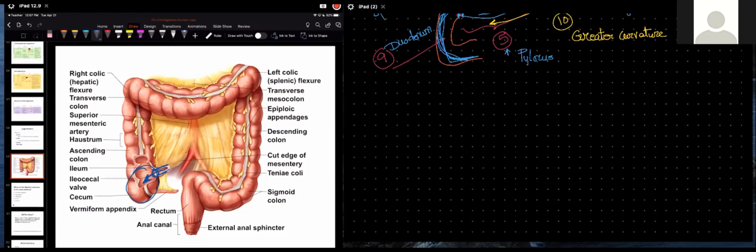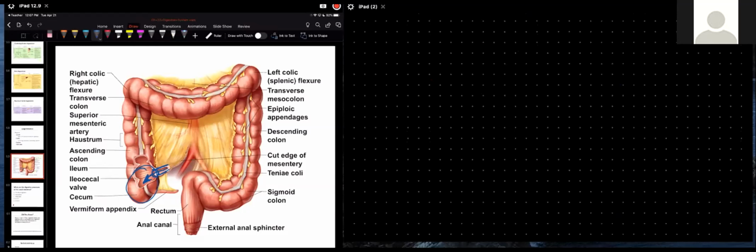So again, three parts of the small intestine that we've seen. First one is my duodenum, the shortest region.